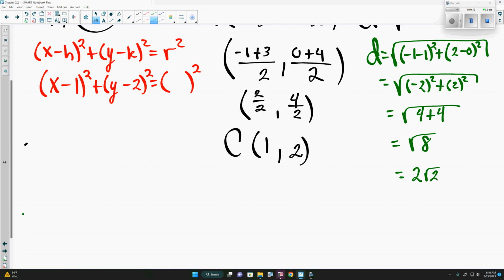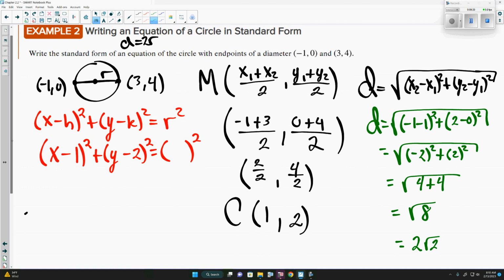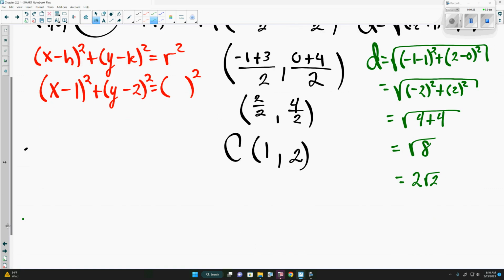If we did this in the calculator. Now, the reason I say that is because here, we're just trying to find what? Standard form of the equation of the circle, yes? So, I could use 2 square root of 2 squared, we can multiply that out.